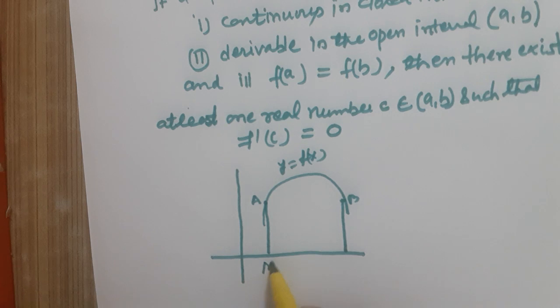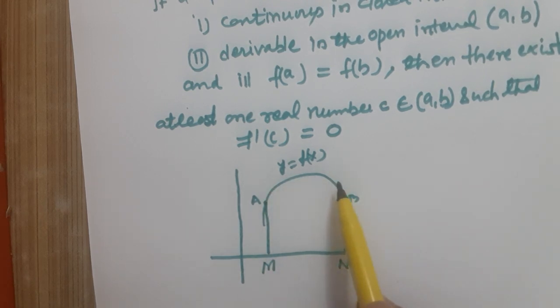So we name this as M, this as N. Since f(x) is continuous in the closed interval AB, the graph of y equal to f(x) is continuous from A to B.